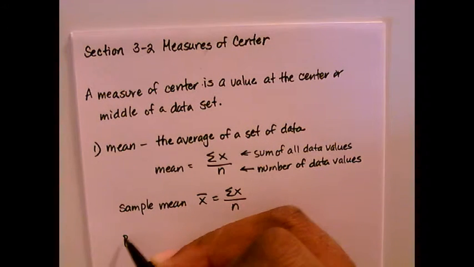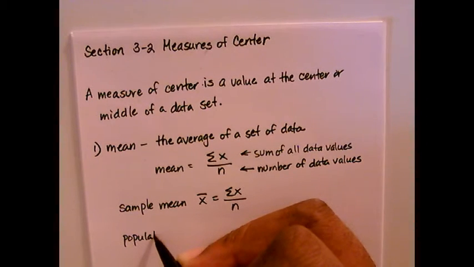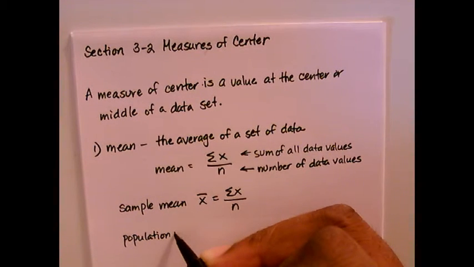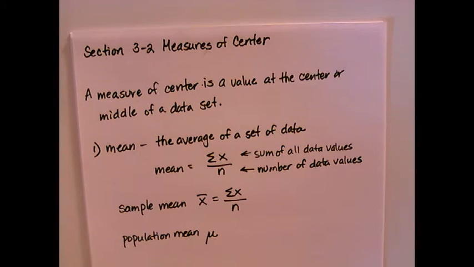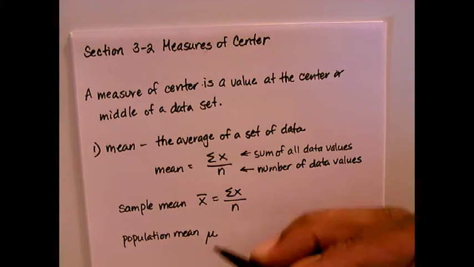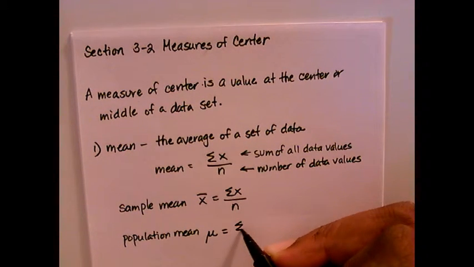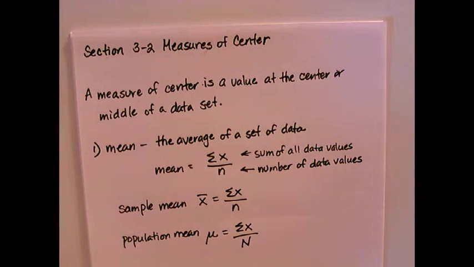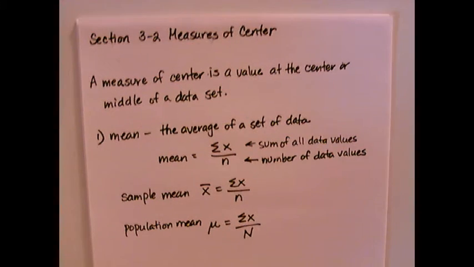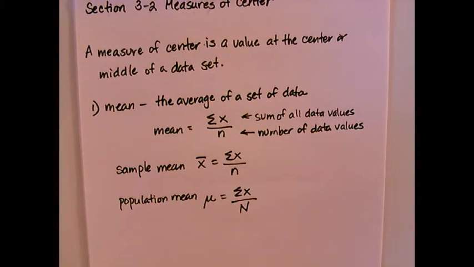Now for the population mean, instead of using x bar, we use the Greek letter mu. That's equal to the sum of all your x values divided by capital N, and capital N represents the size of the entire population.